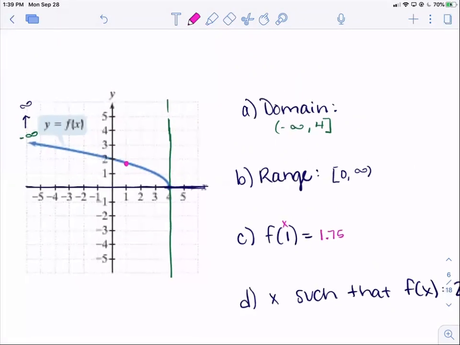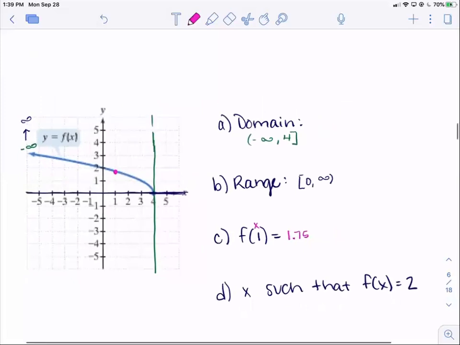And then the last one, what if we go backwards? Remember, f of x is the same thing as y. If y equals 2, what is your x value? It would be 0. This part is the trickiest because it's new. But you're just thinking backwards.